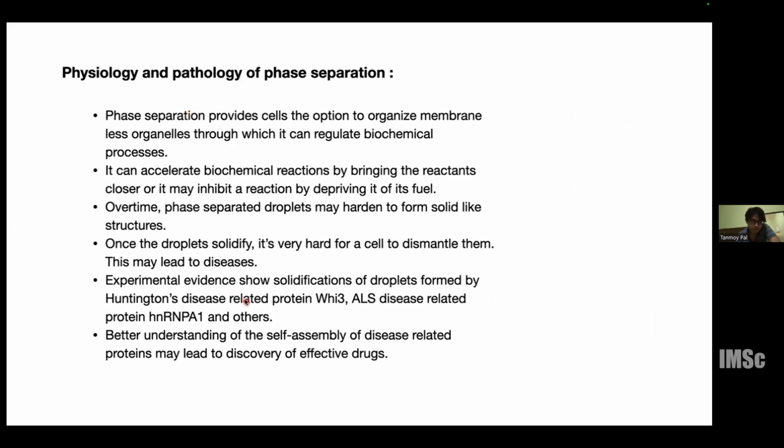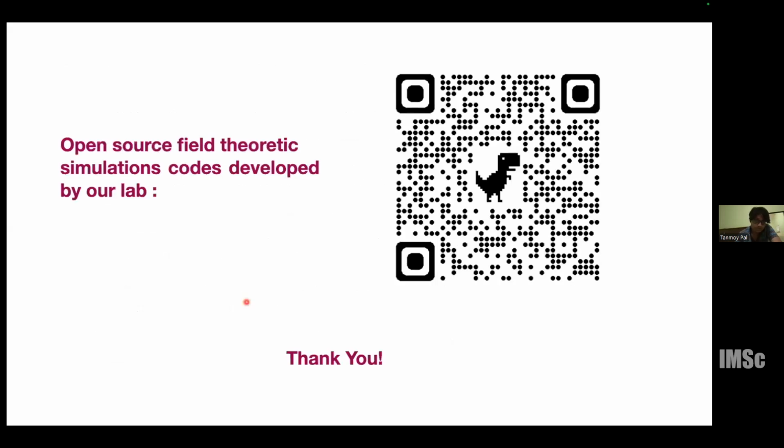So our hope is that if we study the phase separation properties of these sequences well enough, we can come up with some effective drugs. All our simulations, we do with our own Python codes, and some of them are available through our lab website. You can scan this code if you want.